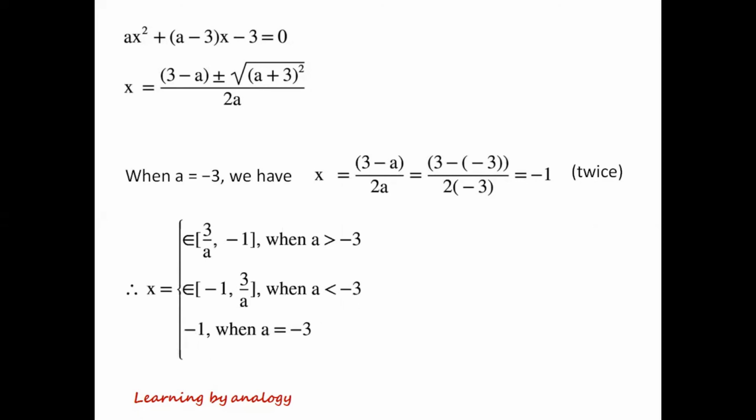So x is in the closed interval from 3/a to −1 when a is greater than −3. x is in the closed interval from −1 to 3/a when a is less than −3. x equals −1 when a equals −3.